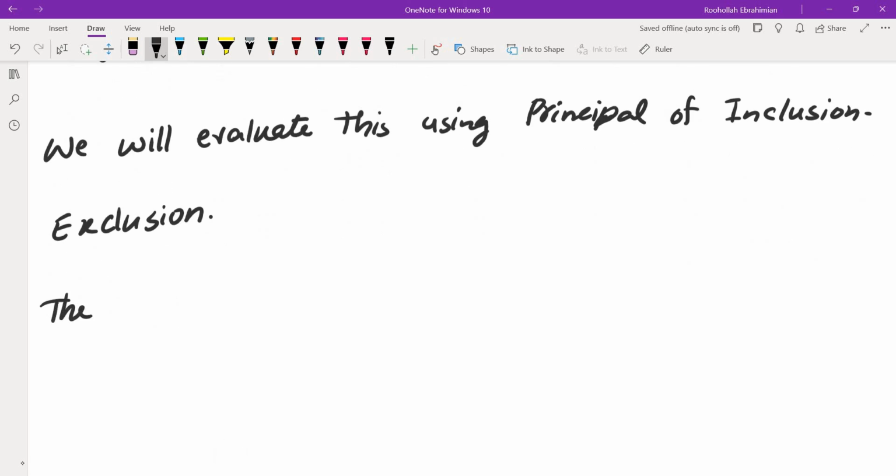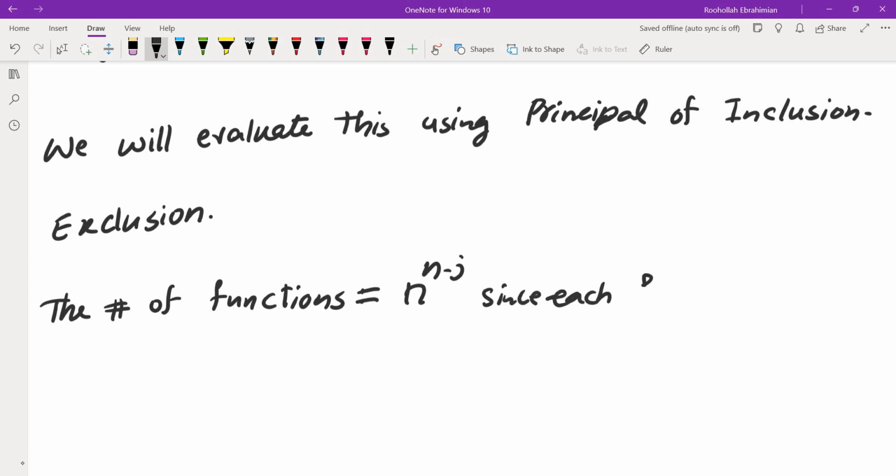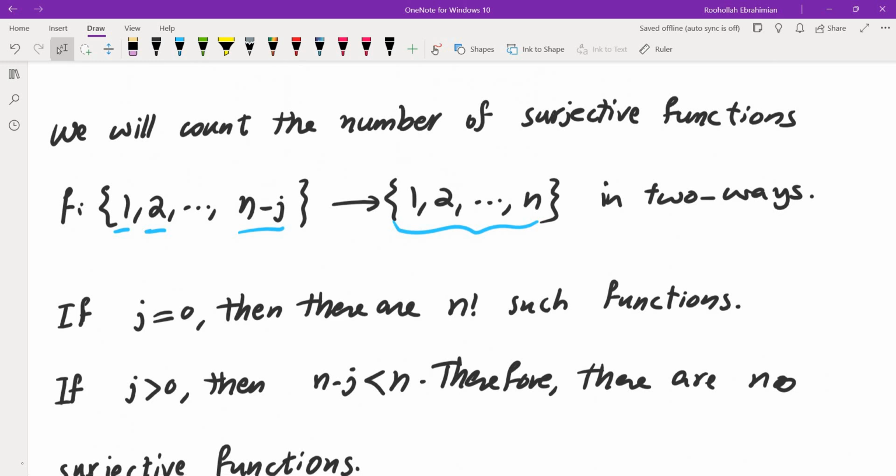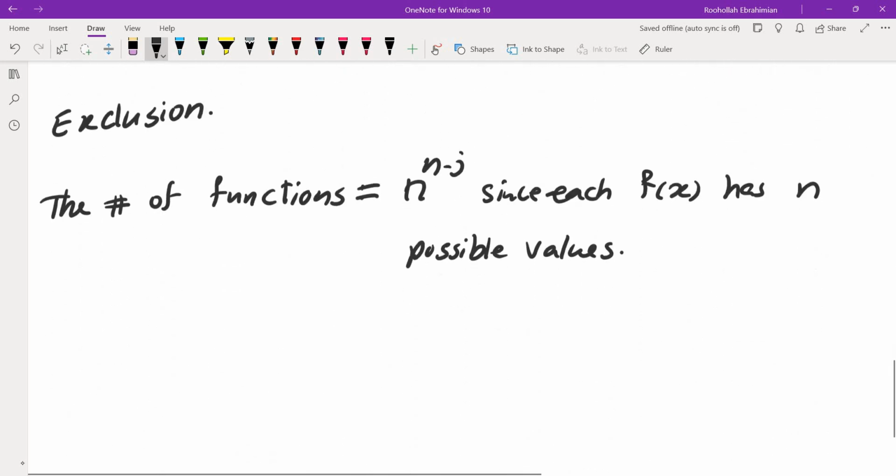So the number of functions is going to be n to the power of n minus j, since each f of x has n possible values. So f of 1 could be any of the numbers from 1 through n, f of 2 could be any of them, all the way to f of n minus j. So you have n to the power of n minus j.